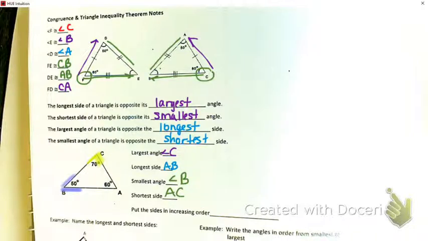That means you start with the smallest and then the next one and then the next one. We already know that the smallest is AC and we know that the biggest is AB. We've already found those two. Now we just need to find the middle one. We know that's the one across from 60. So CB is across from 60, so that's the middle one. So CB will go right here.